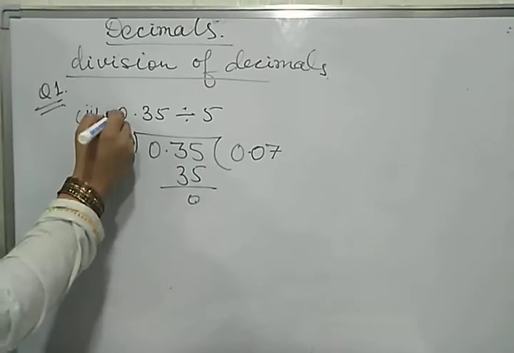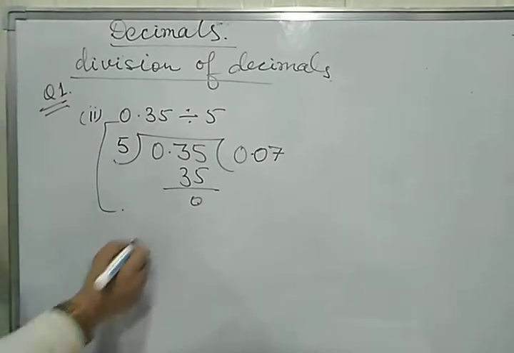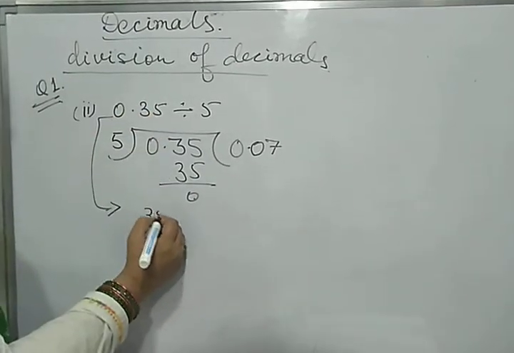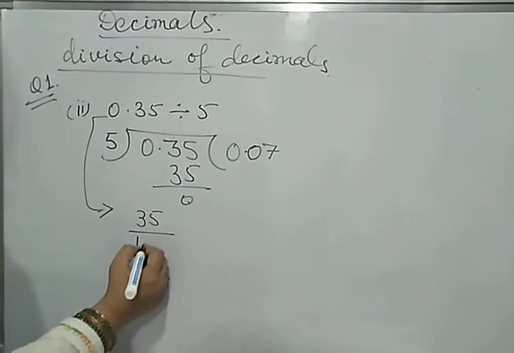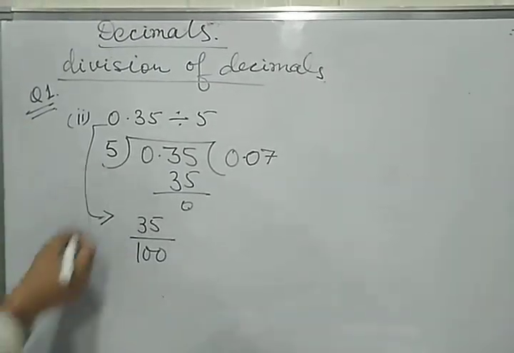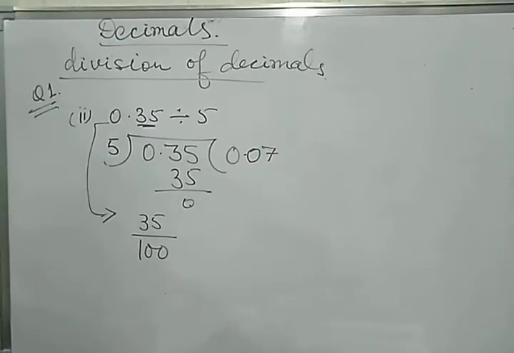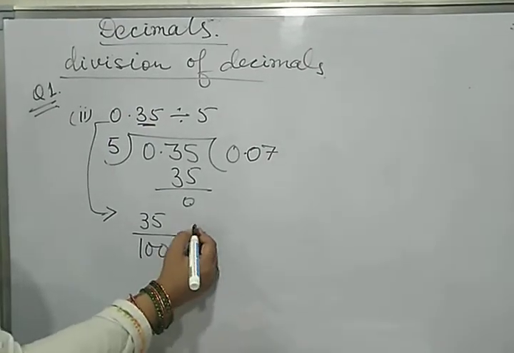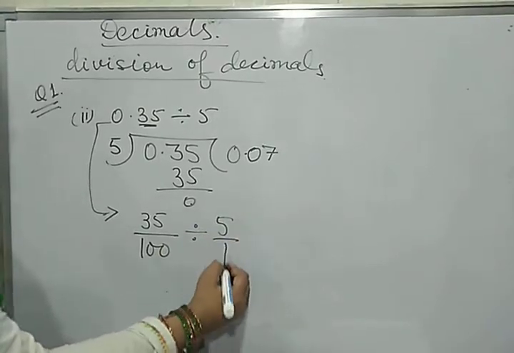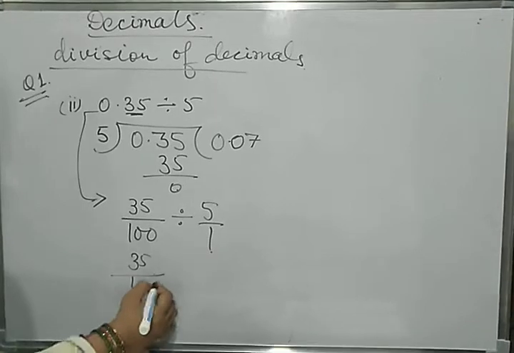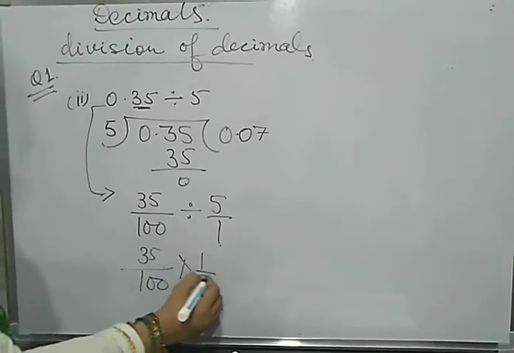And the other method is we can convert it into a fraction number. 0.35 is 35 upon 100, because there are 2 digits after decimal. So we will put 2 zeros in the denominator. Divided by 5 upon 1. Now 35 upon 100 multiplied by 1 upon 5.